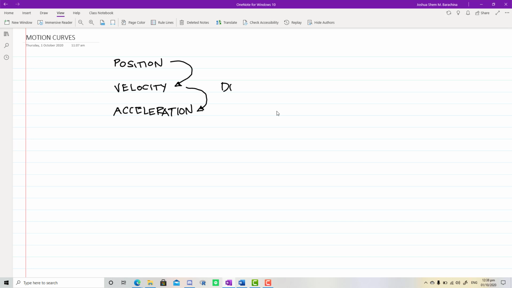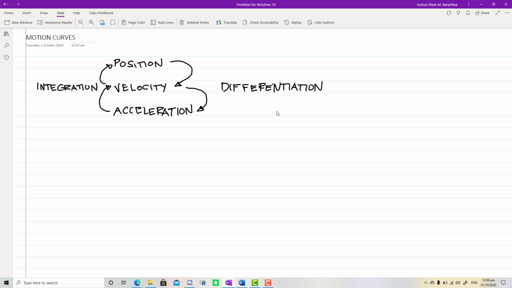That is differentiation. If, for example, you have your acceleration equation, you want to look for the velocity equation and position equation, you will use the opposite, and that would be integration.